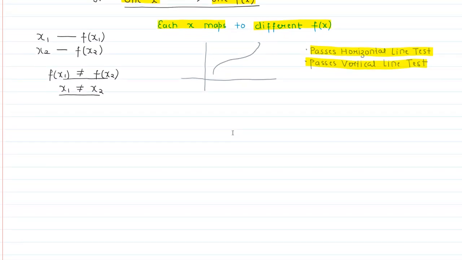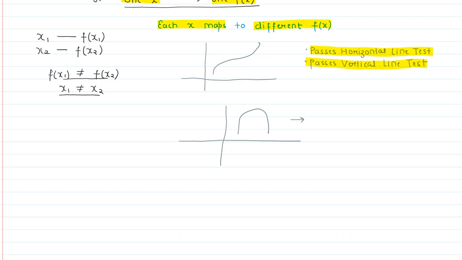So earlier when we saw the one-to-one function, let's say this is a many-to-one function. It passes the vertical line test, but it does not pass the horizontal test.